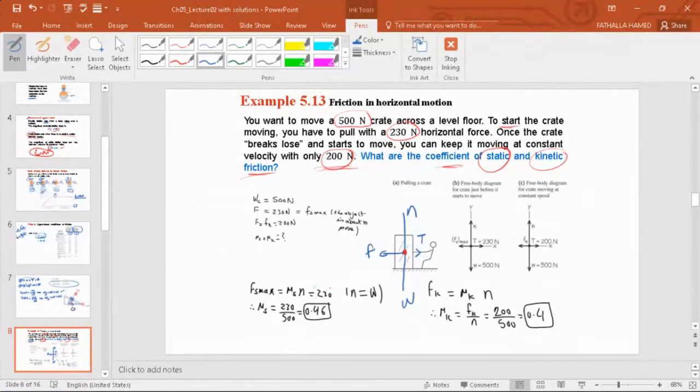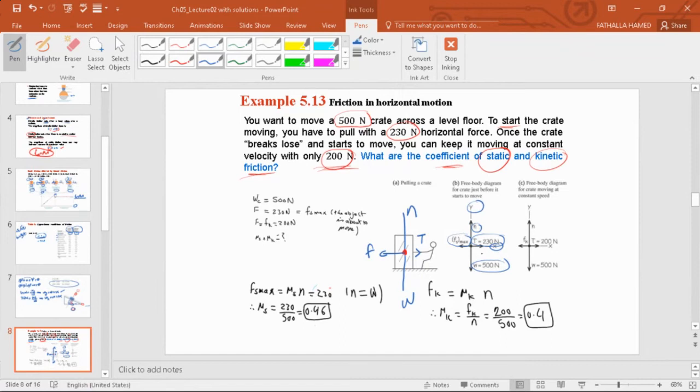But you have two situations here. One situation is for the static, and the other situation when you have what? When you have kinetic. So you draw your x-axis, you take your x-axis along the motion. So in this case here, this will be the x-axis, this will be the y-axis. That's the weight, which is 500 newtons. That's the normal force. The tension that you apply here is 230 Newton, and it should equal the maximum static friction because you want to break this object loose.